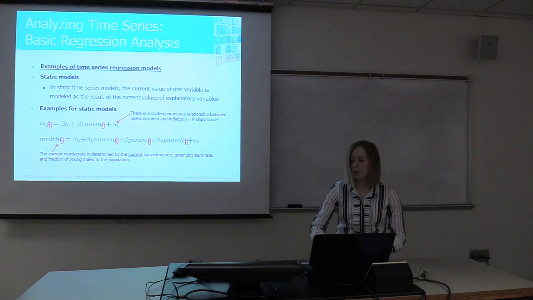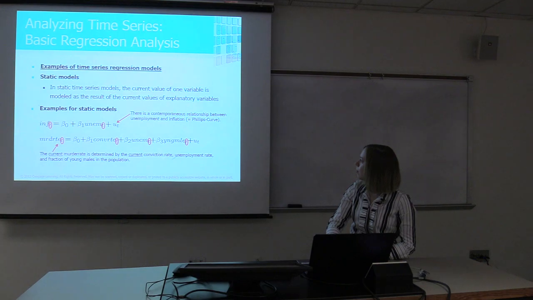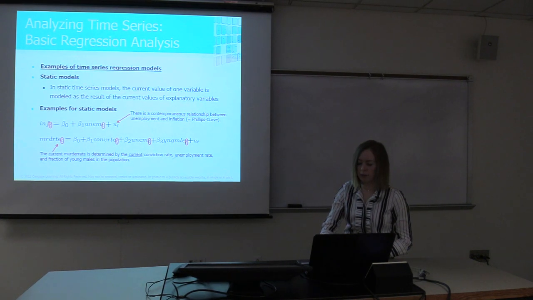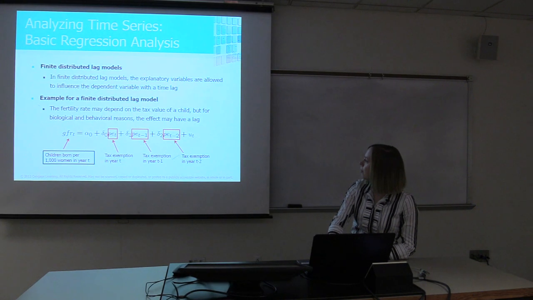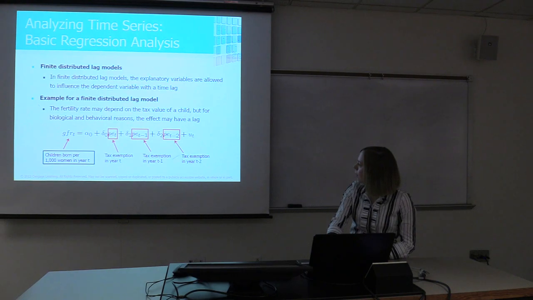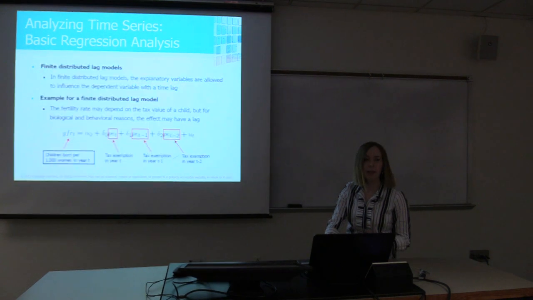An example might be looking at the unemployment rate and how that affects the inflation rate, things like that. Or here's an example with a lag model where you could be looking at the tax exemption for having children for this year and last year and the year before, and how this affects the children born in this year, because it takes a while.